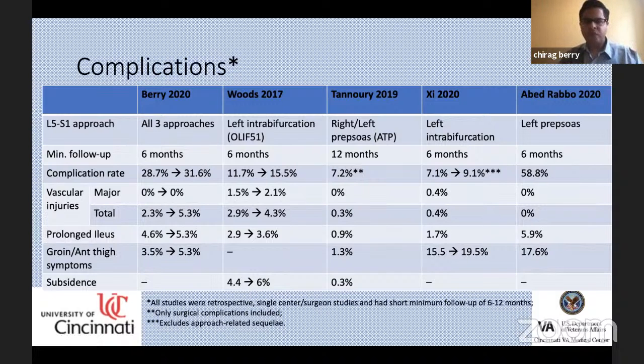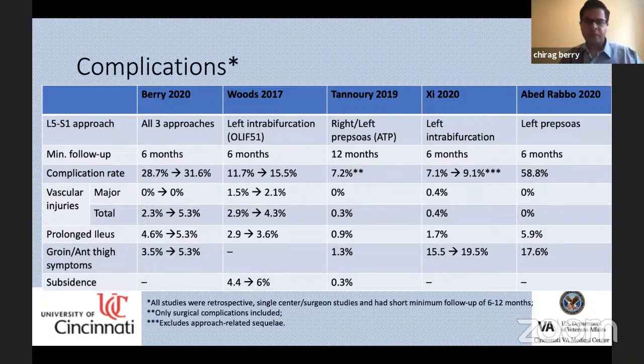So lastly, L5S1 inclusion in OLIF or ATP is challenging. There is a definite learning curve that goes with it. I think it's always safe to take the help of an access surgeon, a general surgeon or a vascular surgeon within your institution, at least for the first few cases, to understand the anatomy and get used to these approaches and stay safe from complications.